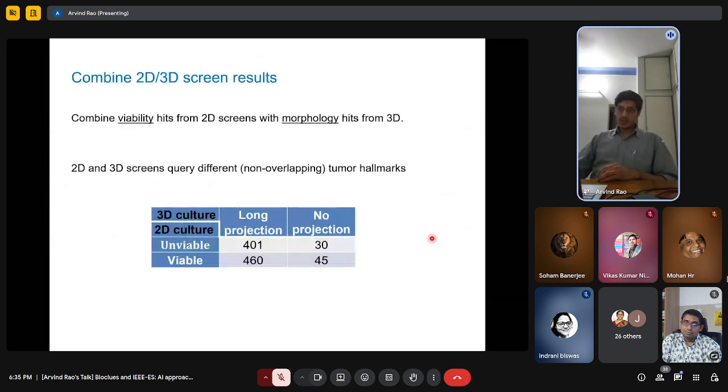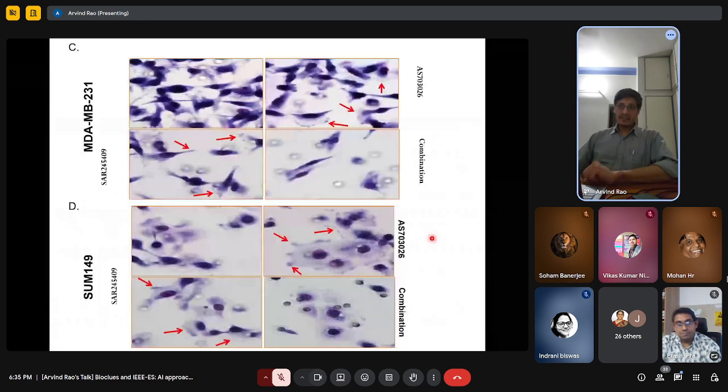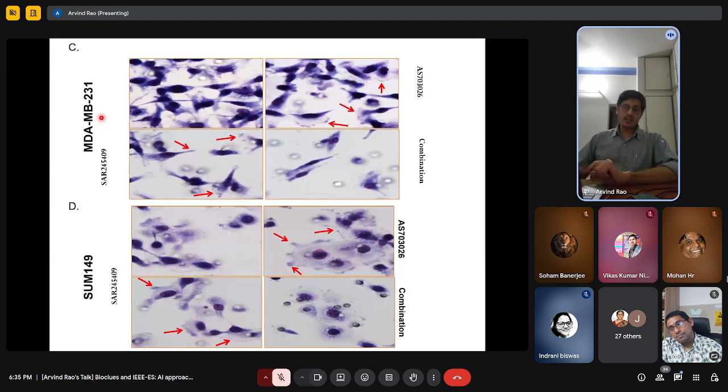So we used what is called a combinatorial approach, where we took 2 different cell lines. One is called MDA MB231, one is called SUM149. Both of these are breast cancer cell lines. And the drug that was commonly used at the time was called the MEK inhibitor. This is how the cells grow when there is no drug.